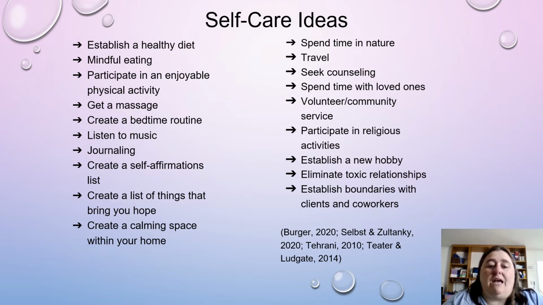You can create a self-affirmations list or create a list of things that bring you hope or create a calming space within your environment. You could travel, you could seek counseling, you could even volunteer or spend time with those you love. There are many opportunities for self-care in our lives without too much planning or too much money that would have to be spent even. The self-care ideas here were obtained from a variety of resources as listed here at the end of the slide.